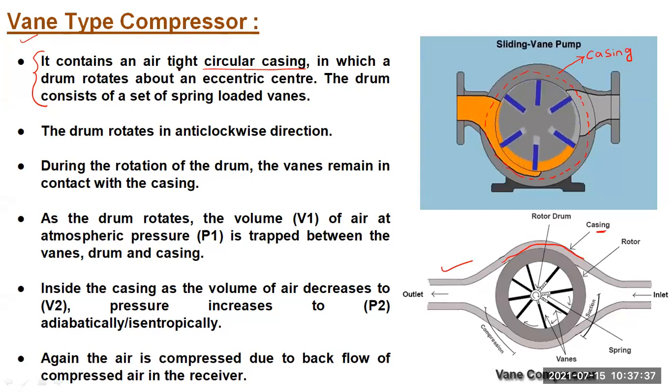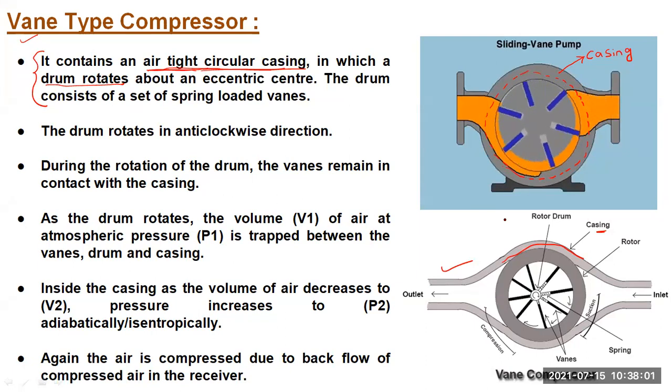So it contains an airtight circular casing. Airtight means whatever air enters, there should not be any leakage. If leakage is there, then we cannot properly increase the pressure. So it contains an airtight circular casing in which a drum will rotate.